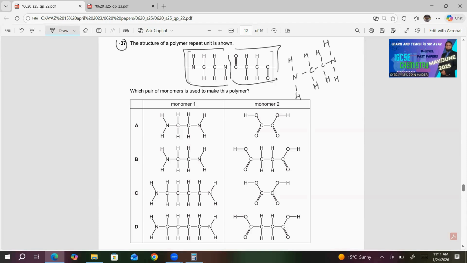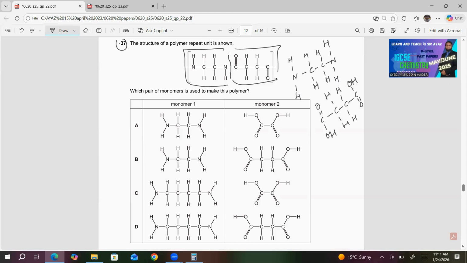And this must be having OH on top. These will be two repeat units.